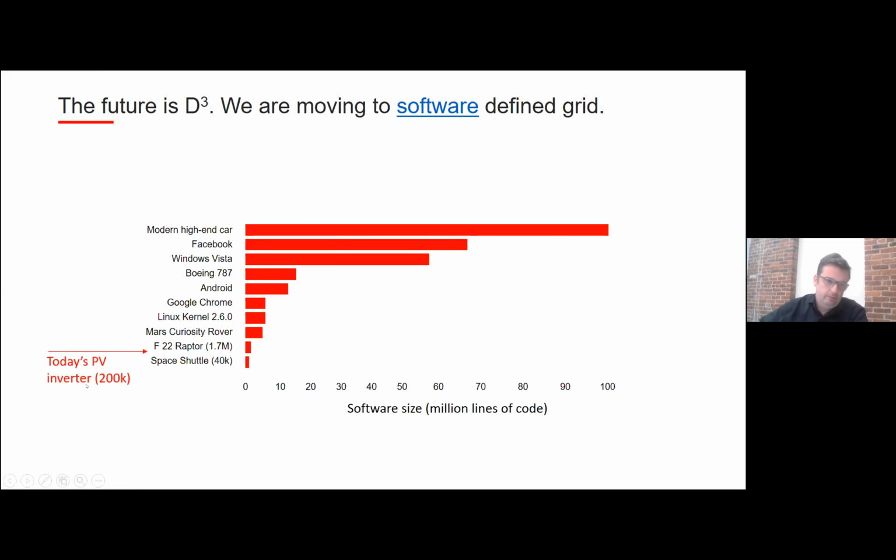Today's high-end PV inverter, with all the grid support functionality and communications, is on the order of 200,000 lines of code. So one would argue that this is not a lot, especially compared to some of the cars.